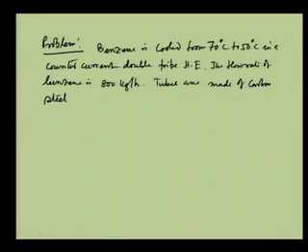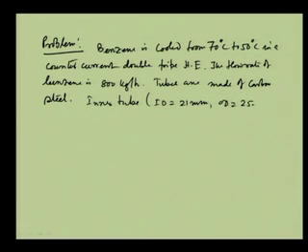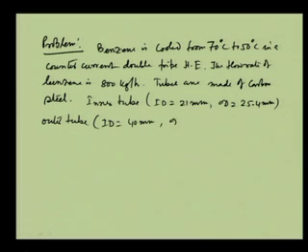Inner tube ID is equal to 21 millimeter, OD is equal to 25.4 millimeter, where ID means inner diameter and OD means outer diameter. Outer tube ID is equal to 40 millimeter and OD is equal to 48 millimeter.